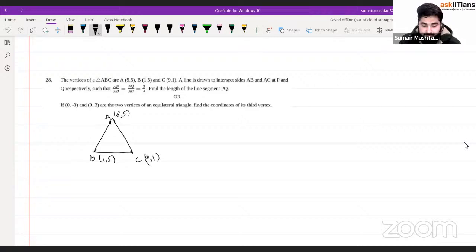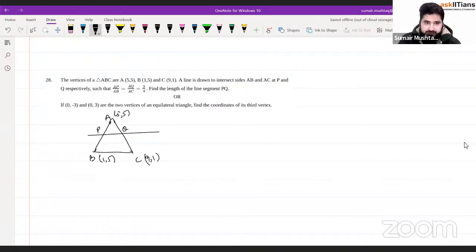Okay, so it is given that this is a triangle. Okay, one more thing is given, that there is a line which intersects AB at P and AC at Q. That means there is a line. I don't know whether this line is parallel to this or not. So this is P and this is Q, which is intersecting here.